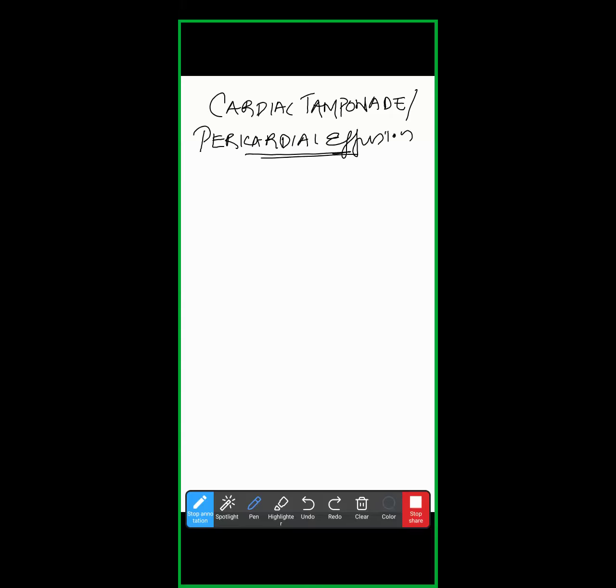So what is cardiac tamponade or pericardial effusion? Just listen very carefully, okay? The word effusion always denotes what? Fluid accumulation. So cardiac tamponade or pericardial effusion is fluid accumulation in the pericardial space.